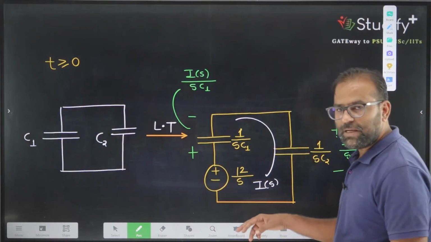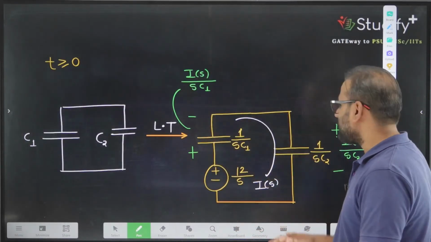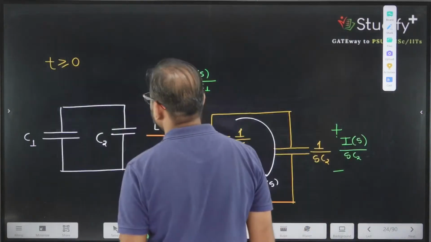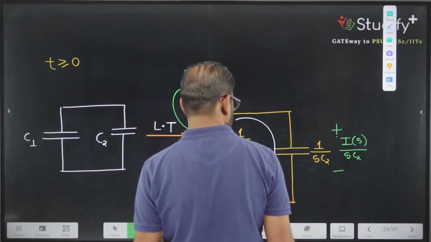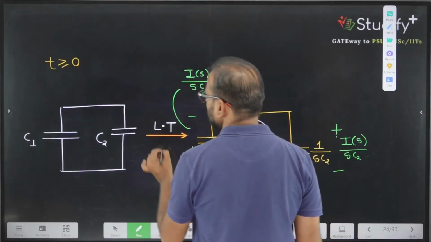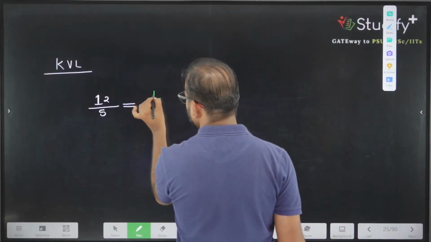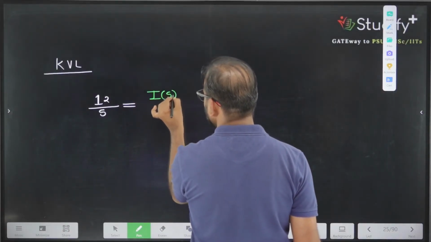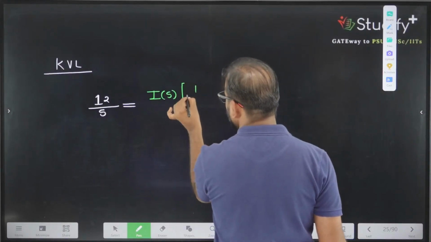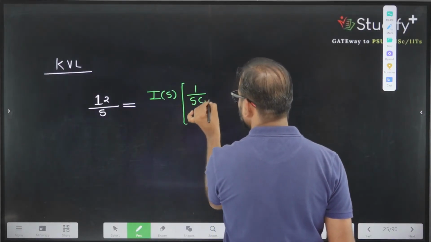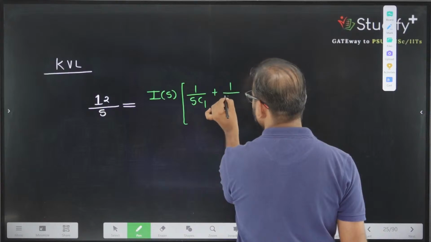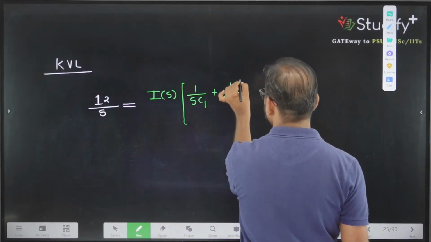So when we are completing the loop, we are going plus to minus and plus to minus. So you can say this value will be what? This value will be I of S into 1 divided by S into C1 plus 1 divided by S into C2.